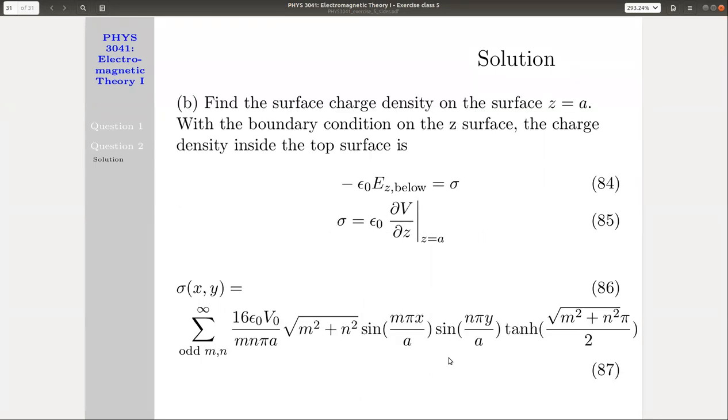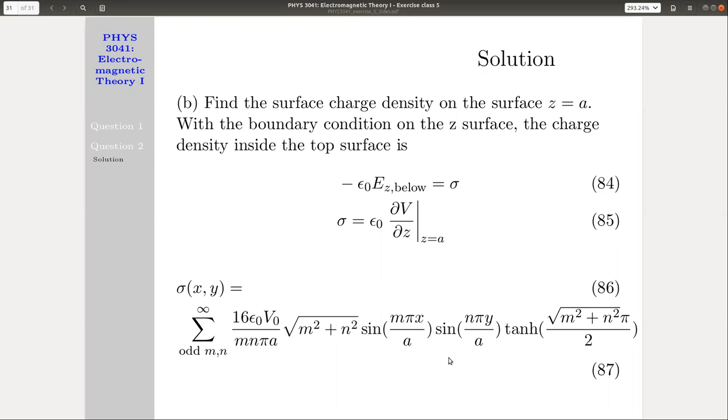Then for 2b, you are asked to find the surface charge density on the surface z equals a. In order to find the surface charge density, you just need to simply use the boundary conditions.